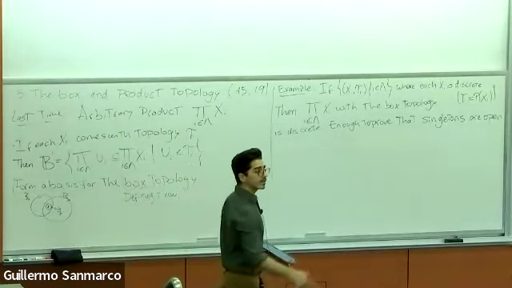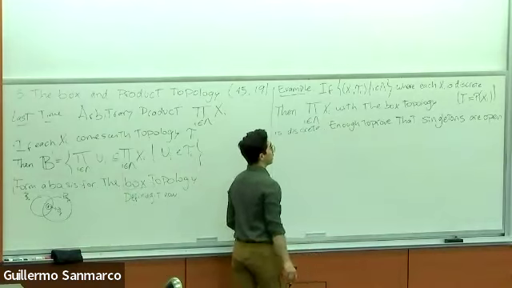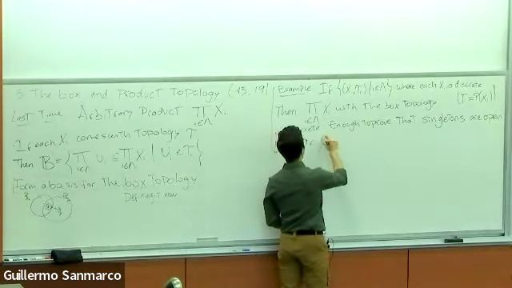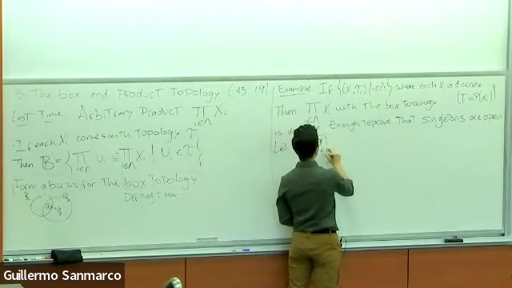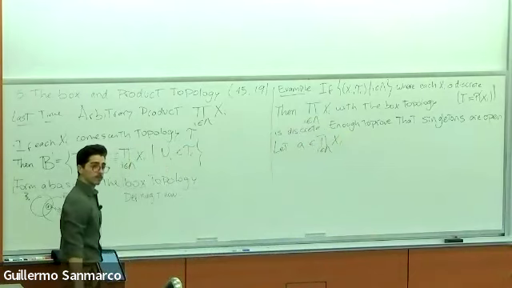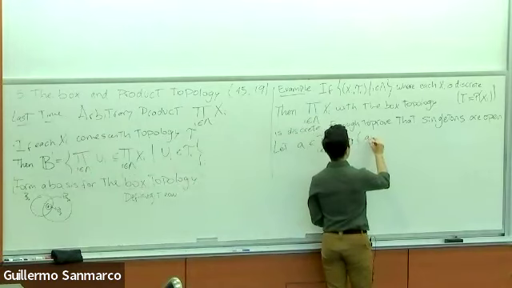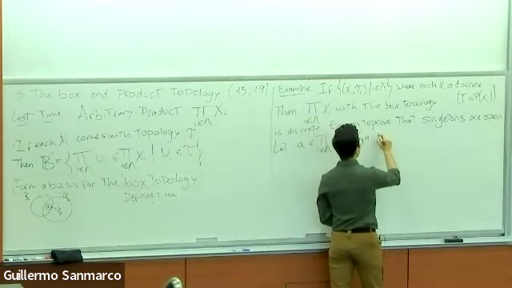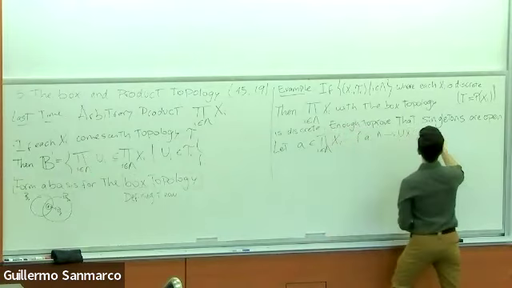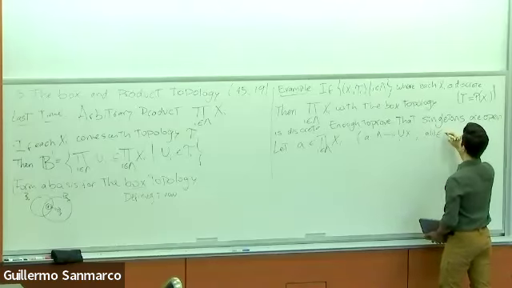It's enough to show singletons, just one element sets, are open. So let's take a singleton. Let's take an element in the product. Remember, this is just a function. So I'll write what this means. This means a is a function from the index set to the union of the X_i's, but with the property that the i-th coordinate is always an element in X_i.